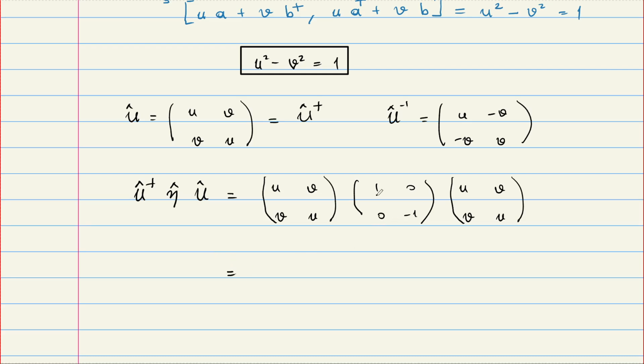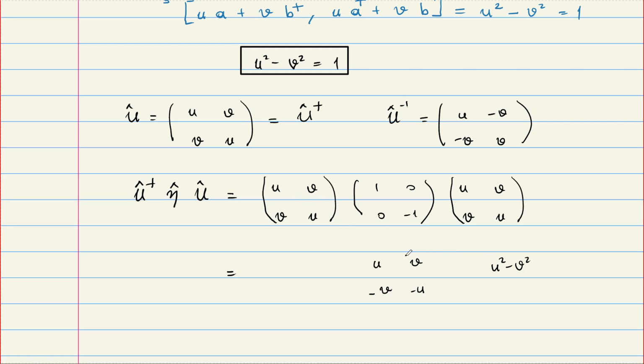This one is going to be U and V, and this one is going to be minus V, and this one is going to be minus U, and if you multiply this, it's going to be U square minus V square in the first element.